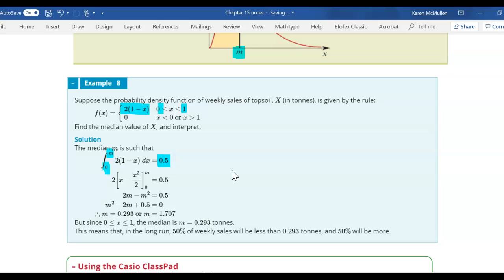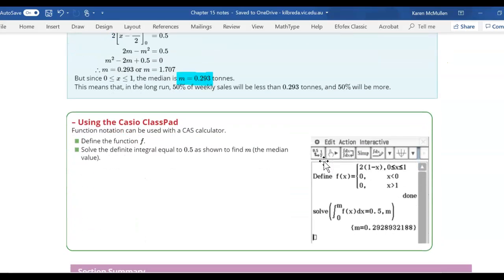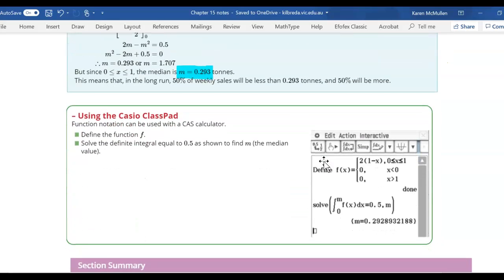Okay, so X has to be between 0 and 1. So we're only going to accept M is equal to 0.293. So always when you've got your answer, especially if you're working with a quadratic or cubic or whatever, and you've got multiple answers, always go back and check which ones work, whether all of them or just one or two of them. All right, so you need to always think of your domain. All right, easy to do on the calculator as well.